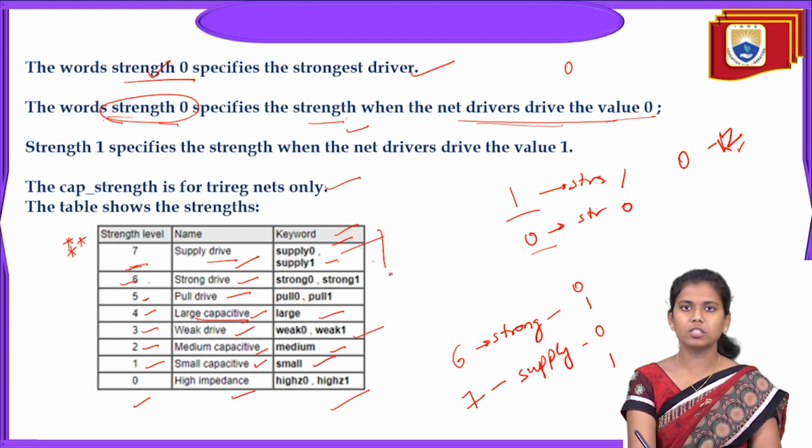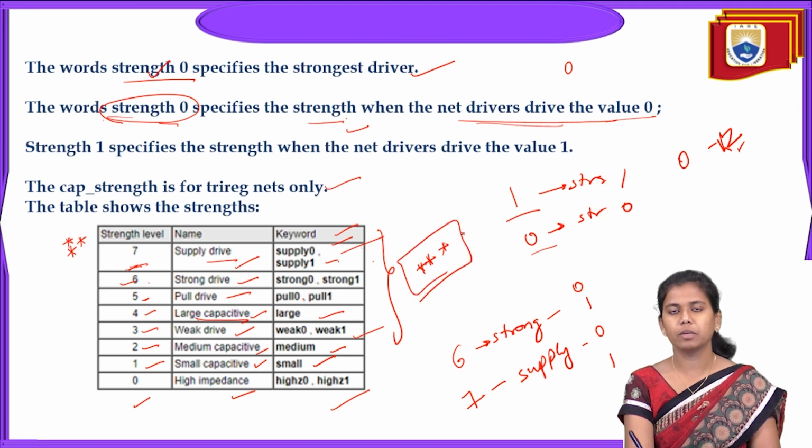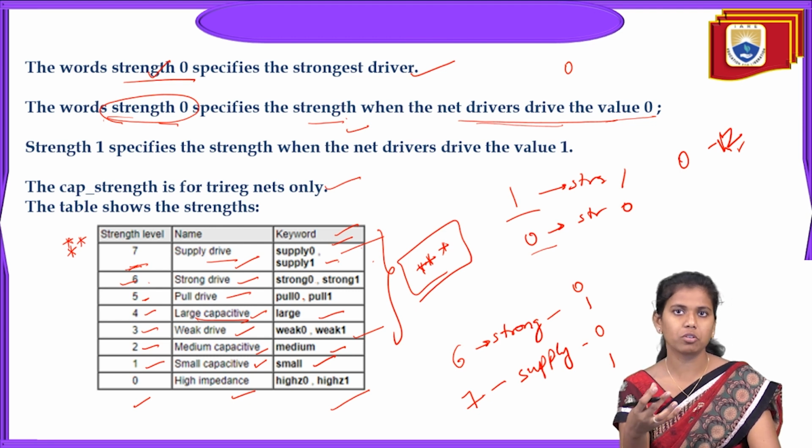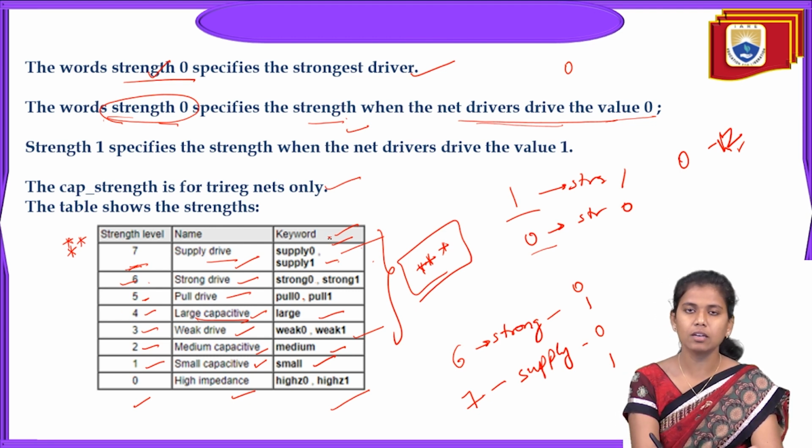So this is a small table, but a very important table to remember in order to write a program based on the module that you are considering and the strength levels of that module. If you come across any of the signal strengths, these are the keywords that you have to remember when you're writing the program. Okay, so this is a very important table to remember.